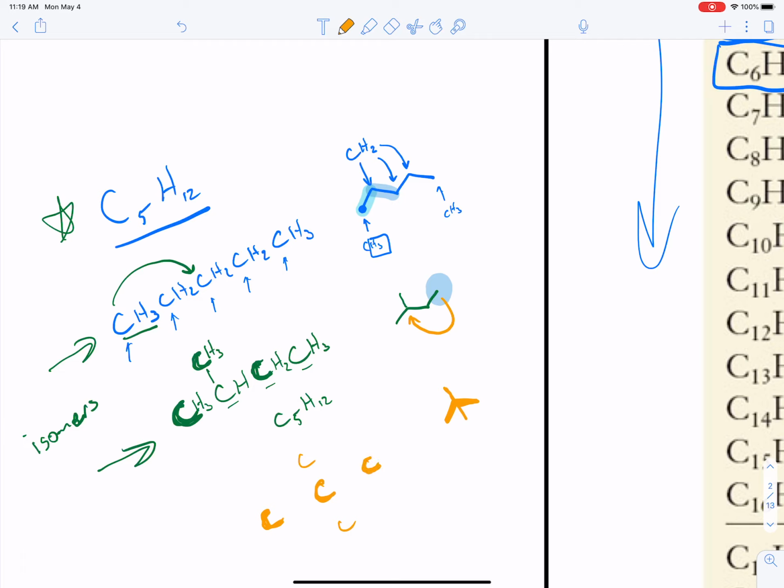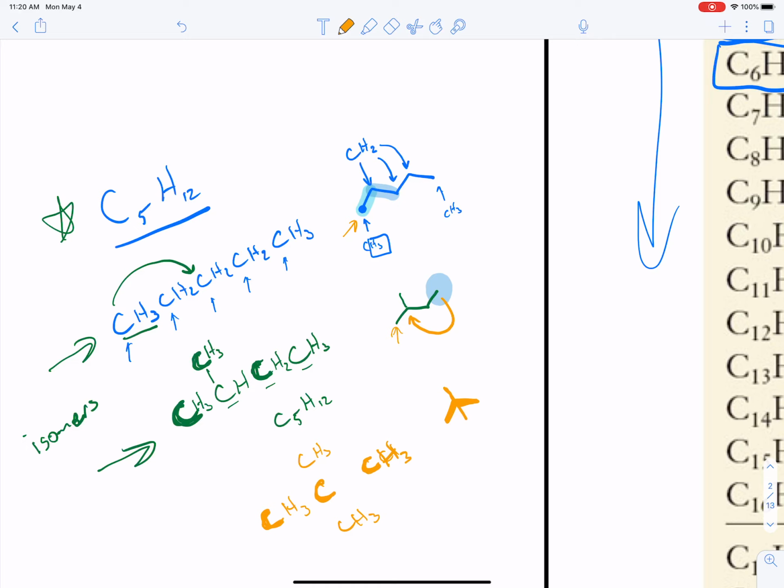The carbons that surround, on the outside, have to all be CH3s, don't they? Because they're all on the ends. Just like this one right there. Just like this one right here.